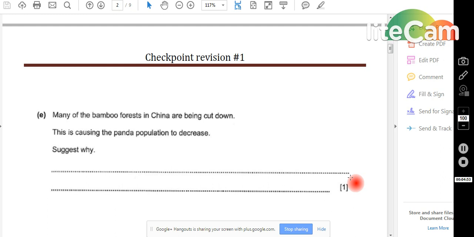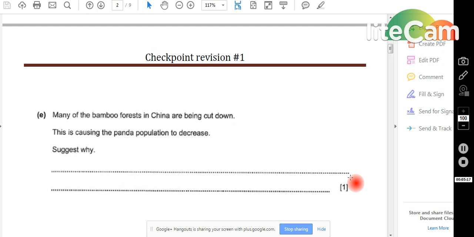They wanted you to mention that it's habitat destruction and the food source is decreasing, so there's not enough food. For 1 mark, you can just mention one of those. If you want to, you can mention both, but one fact will give you 1 mark.